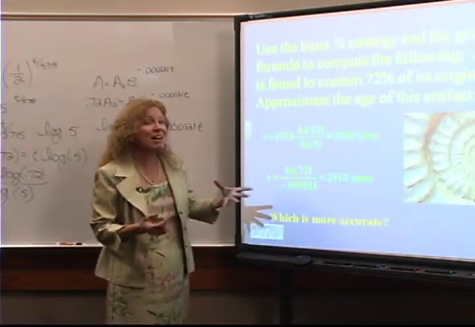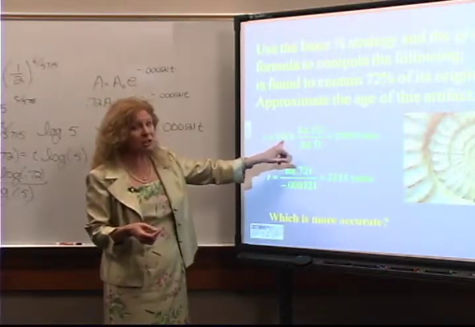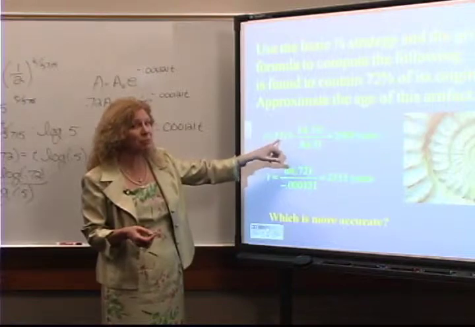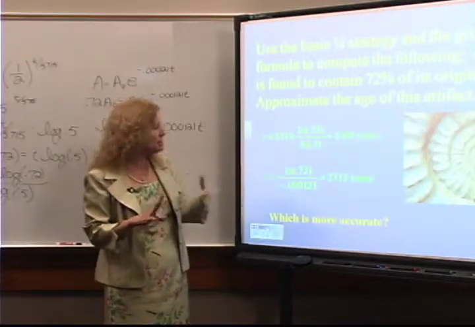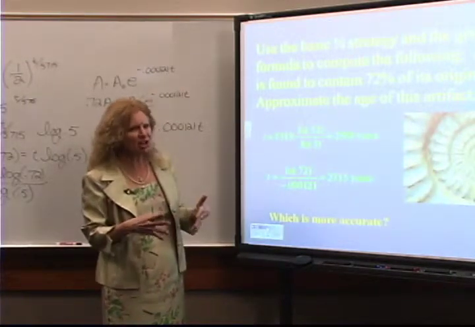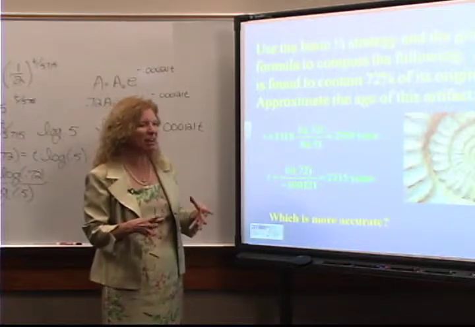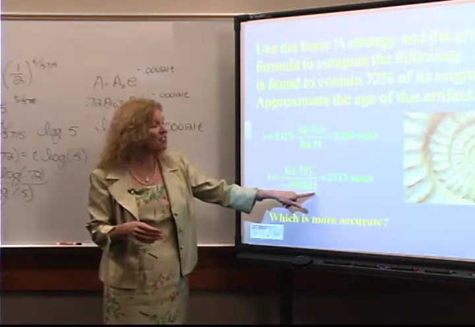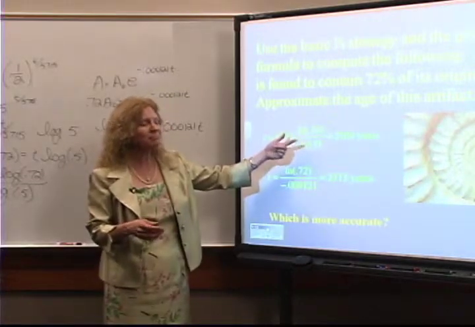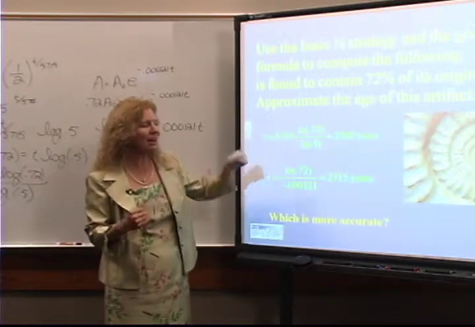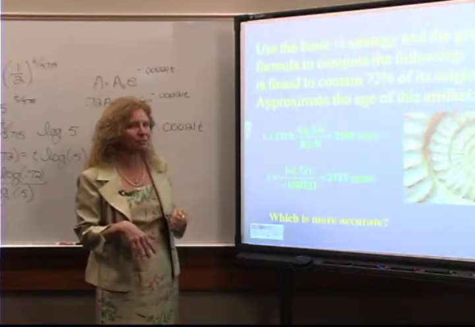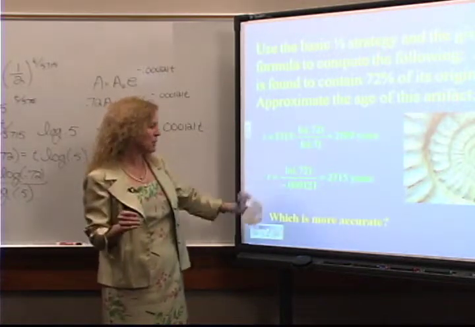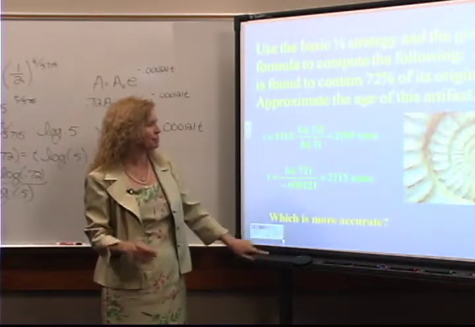So in my mind, this particular answer might be a little bit more accurate. Of course, in both cases, I'm using the 5,715 years, which is a rounded off situation. But because this decimal was rounded off, I actually think maybe using the 1/2 is slightly more accurate. But the chemists are totally okay with this other one. Okay?